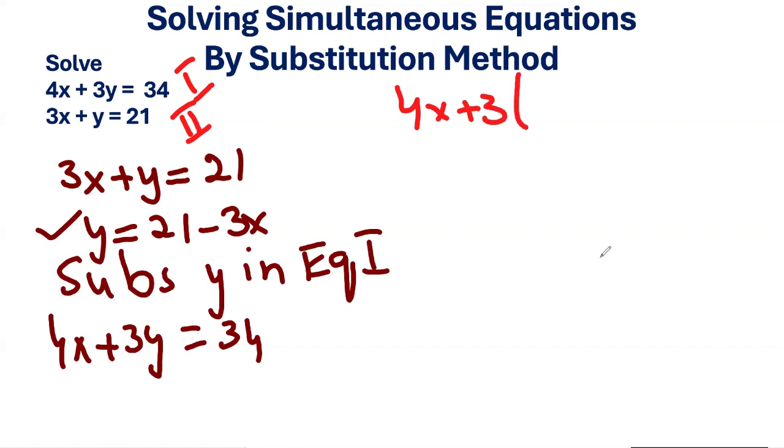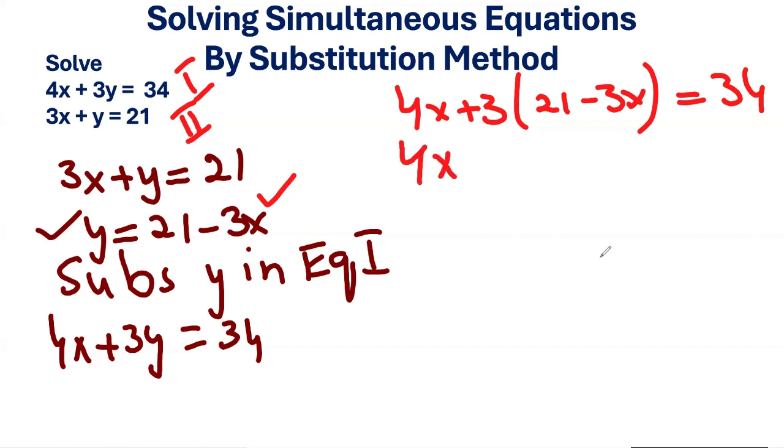In place of y, you can substitute this value of y, 21 minus 3x, is equal to 34. This is equation number 1.